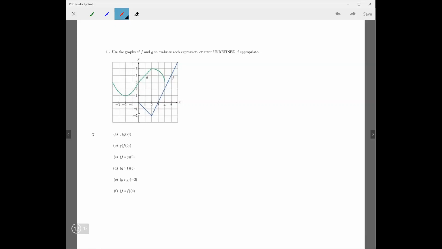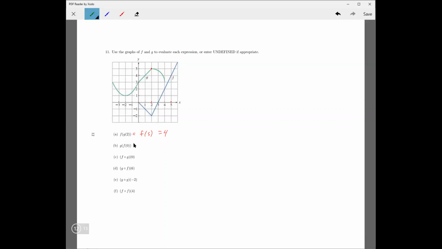So first of all, you go to the value 2, and that's up here at 5. Okay, so g of 2 is 5. And then you go to 5, and that is 4. Okay, so the first one is going to be 4.